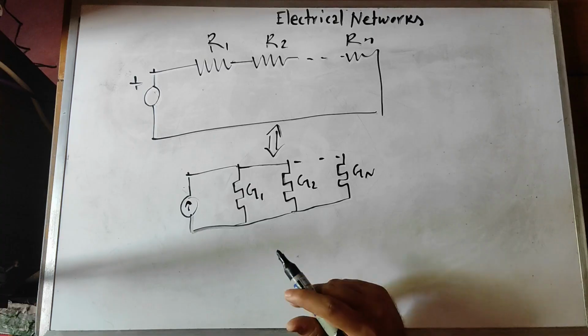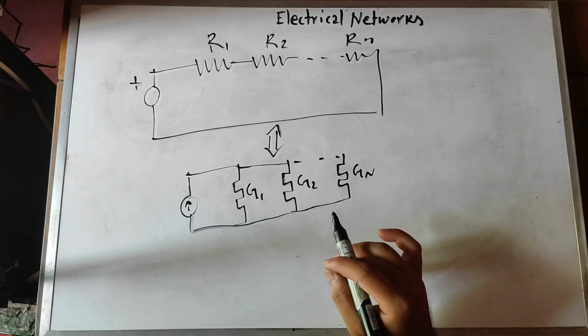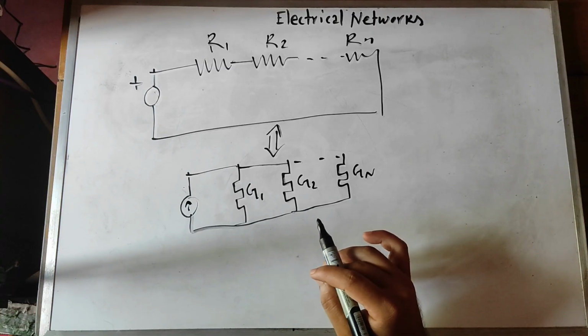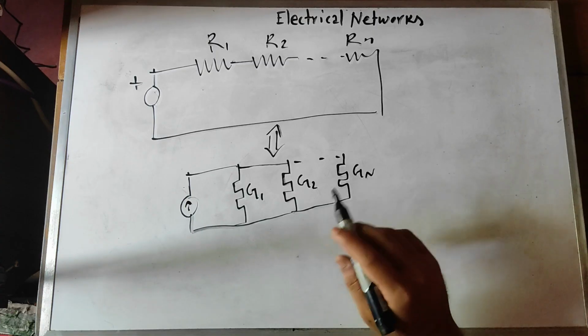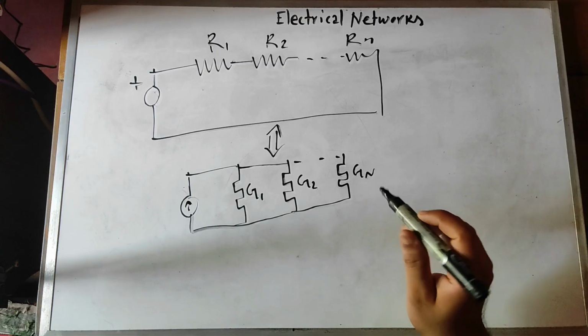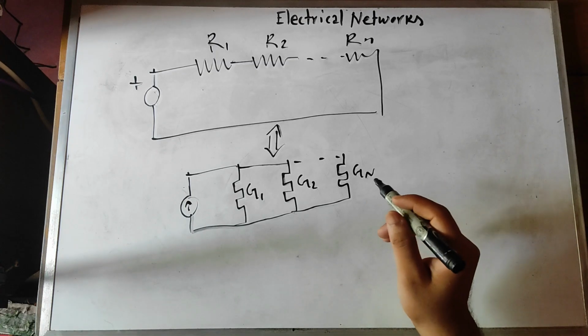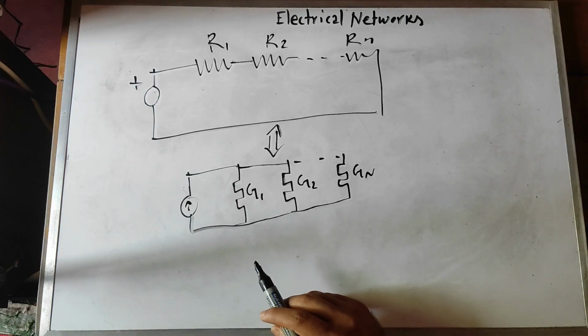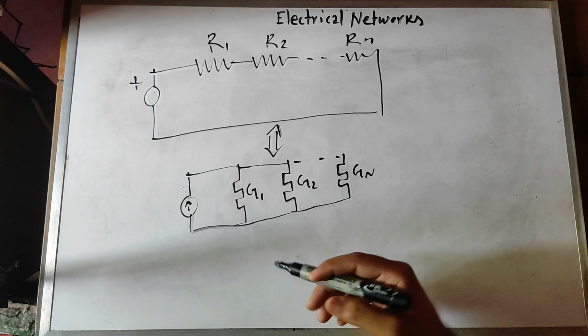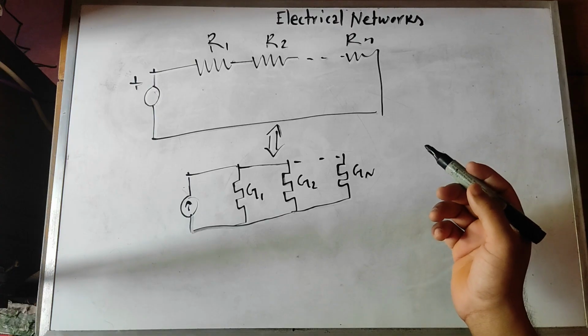G is basically the dielectric loss through the insulating path, and R is mostly known and dominating.